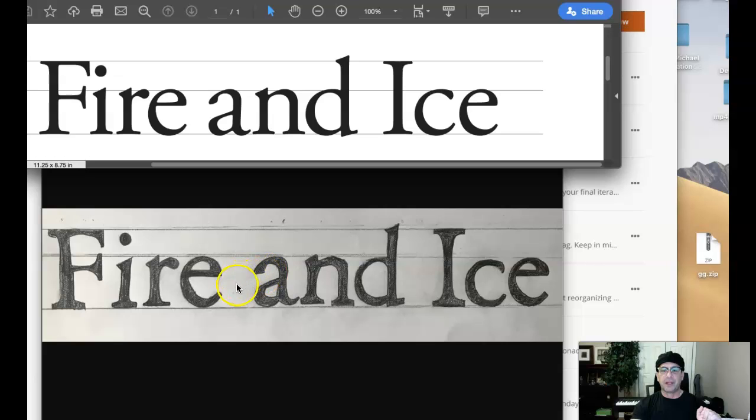And the reason is, if you recall from week 1 in our lecture discussing open counters, these open counters right here on the lowercase e and lowercase a add surface area, they add volume. So what you want to do is combat that illusion that this space is going to be greater than this space at an equal size. We want to reduce the space a little bit to accommodate for the negative space associated with those open counters of the lowercase e and the lowercase a, respectively.